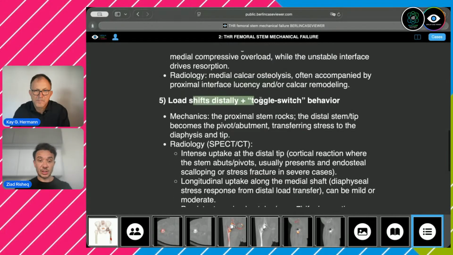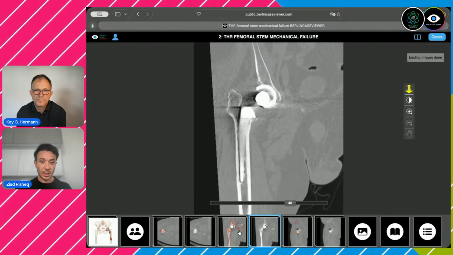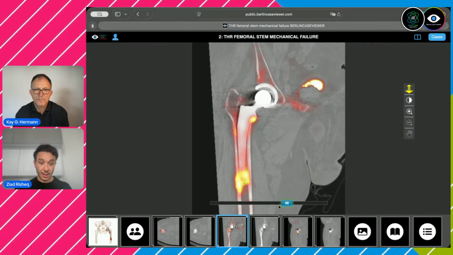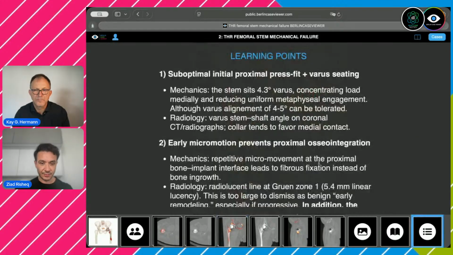So the load shifts distally to the distal stem, okay, and there's going to be some kind of toggle switch. Toggle switch, when you have this femoral stem wobbling medially and laterally, and it is fixed here, but proximally it is unstable. It's not fixed, so it starts moving medially and laterally.